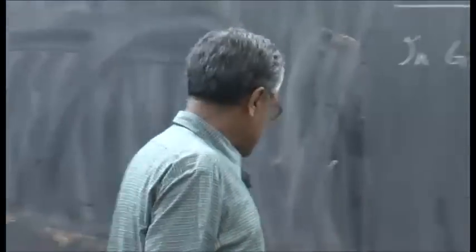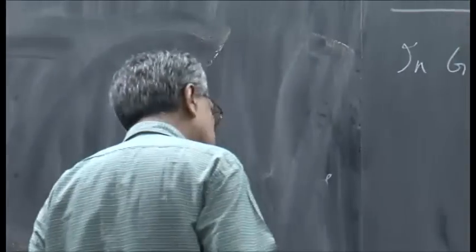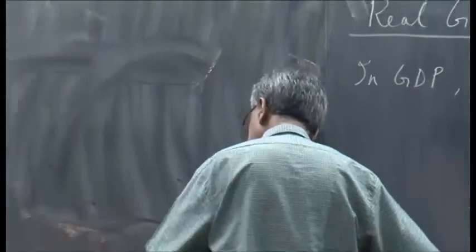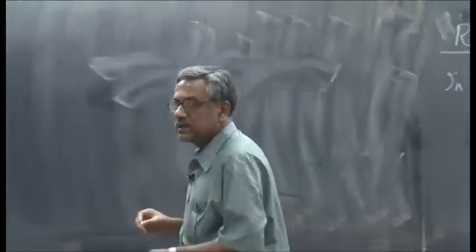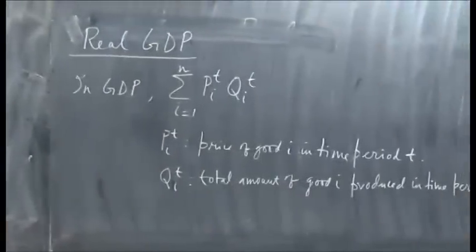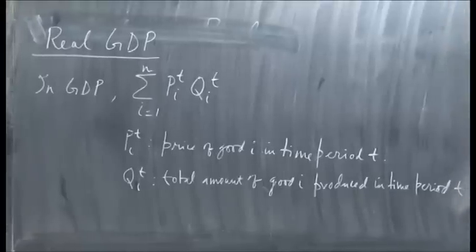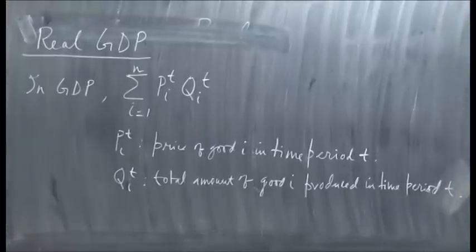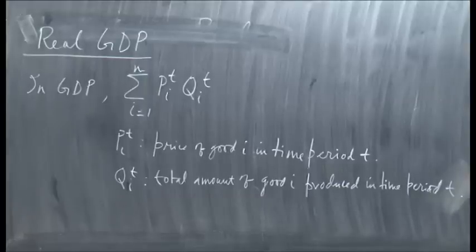A very simple way to approach that problem, if you agree with me, would be to keep constant the prices that are used to measure the value and allow you to add them up. Because you cannot add apples and oranges, you cannot add number of cars to number of tables.